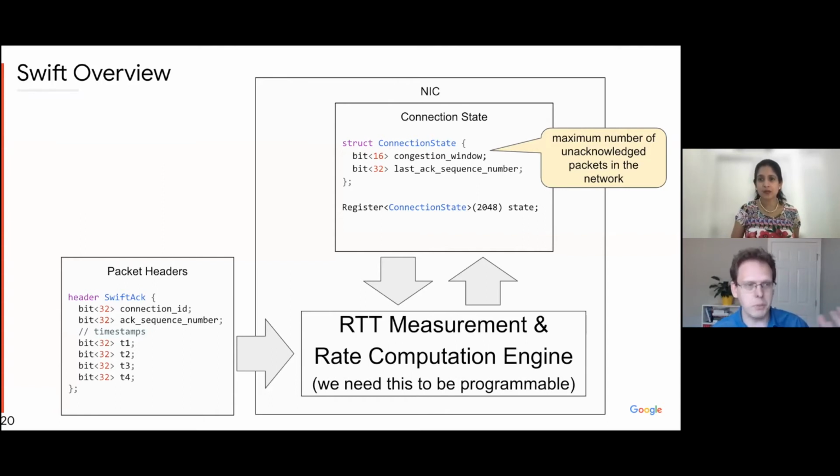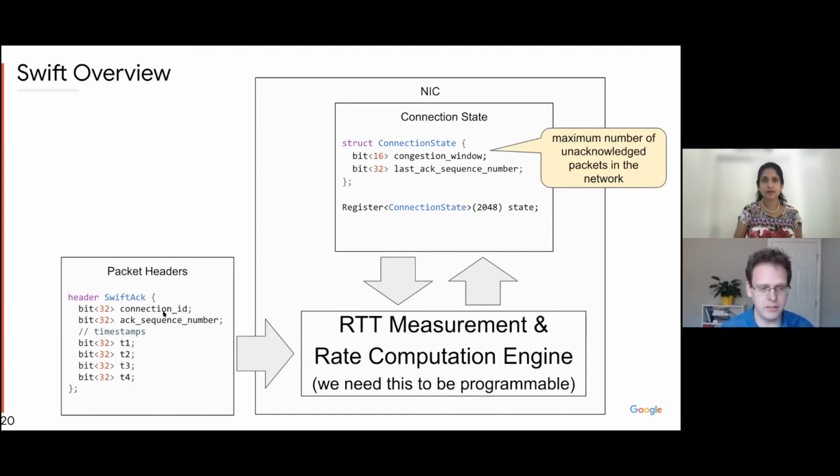The input to that block are the acknowledgements that we get from Swift. We send a packet over the wire, we get back an acknowledgement. The acknowledgement contains all these timestamps that Nandita has talked about. It also contains the connection ID that allows us to know what connection that packet is part of.